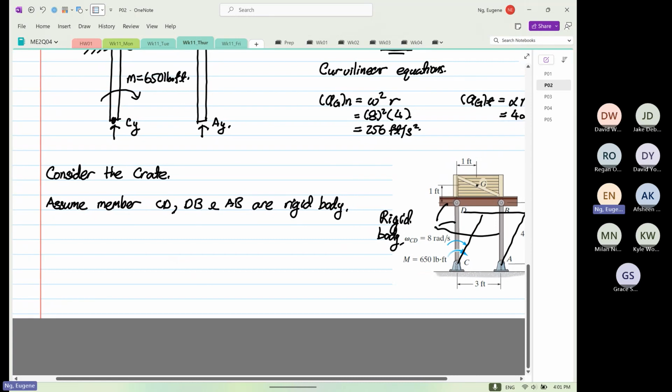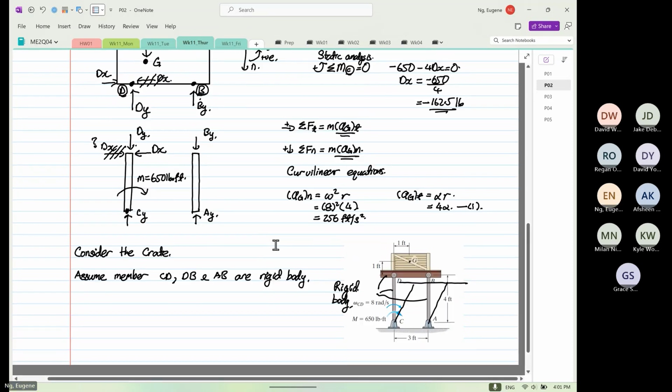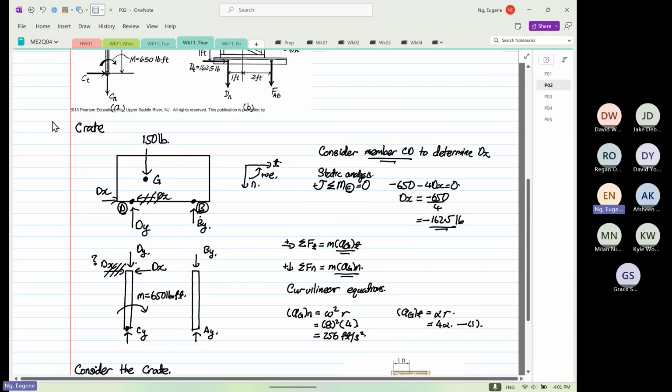So now let me start on a new page. I will need this diagram over here. I'm going to copy this whole diagram. Please copy, please copy.